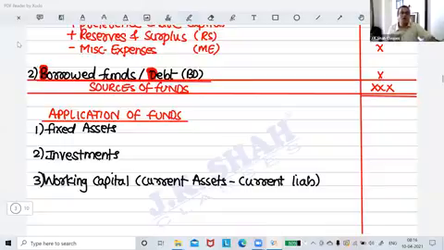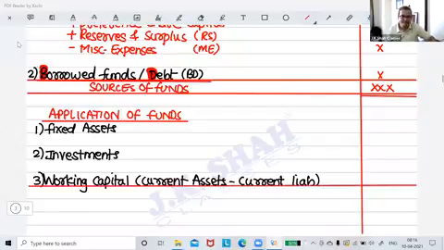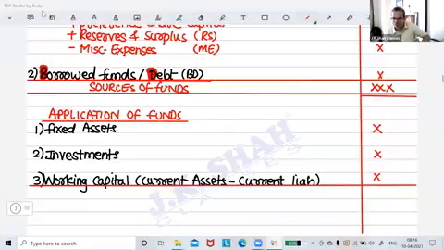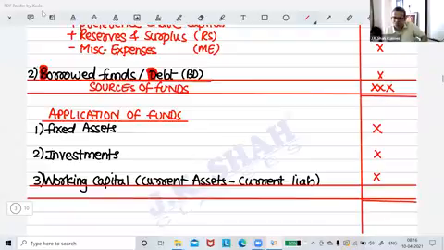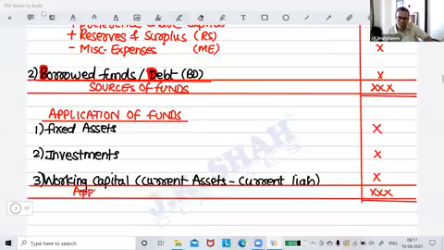Right? So this will be our application of funds.